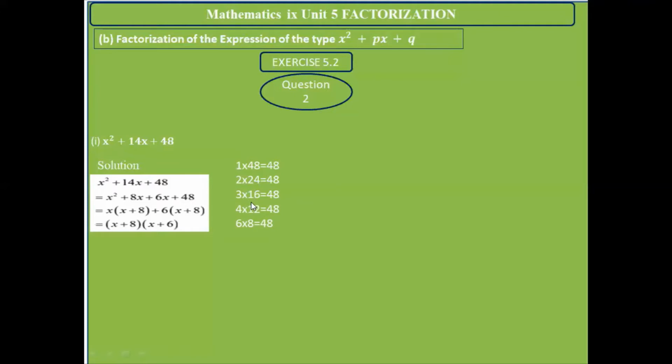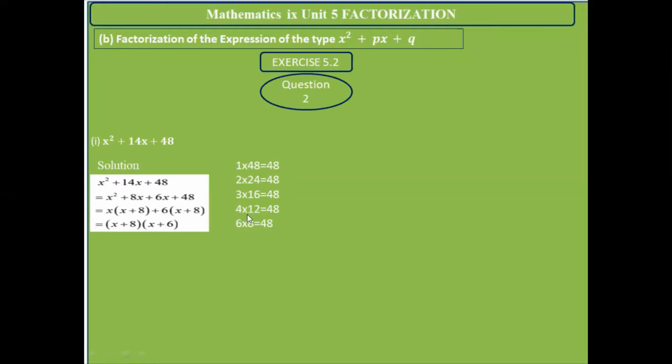So 16 and 3: when we add these two terms we have 19, and when we subtract we have 13. That is not our requirement. Again I divide 48 by 4, 12 times 4 is 48.